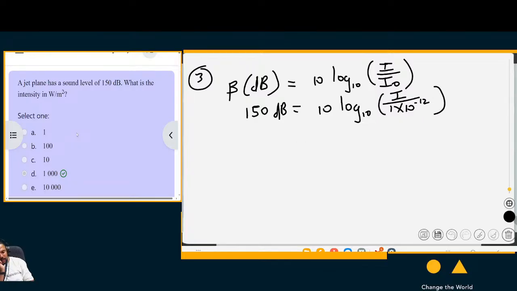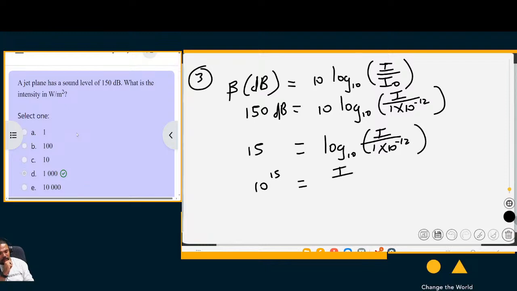So to find that, if we divide by 10 on both sides, we get 15 equals log 10 of I over 1 times 10 to the negative 12. Now we take the anti-log, which is just 10 to the 15, so that equals I over 1 times 10 to the negative 12.